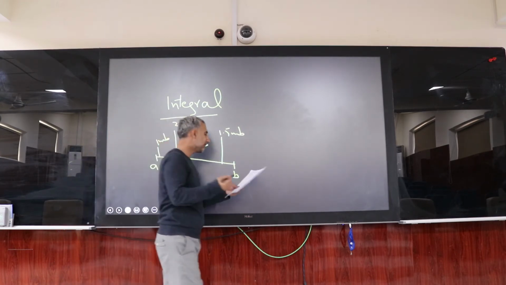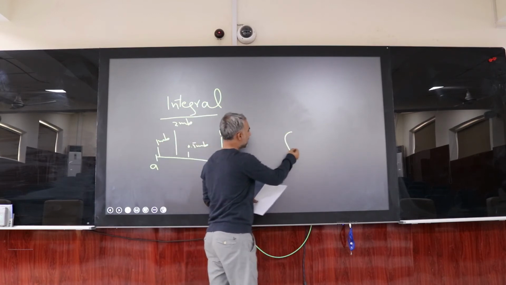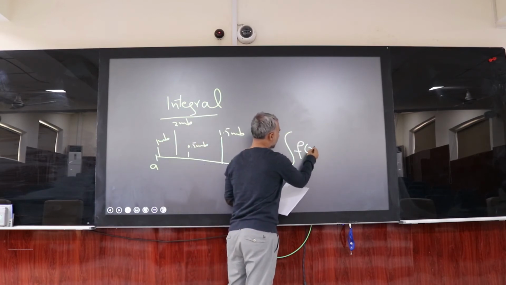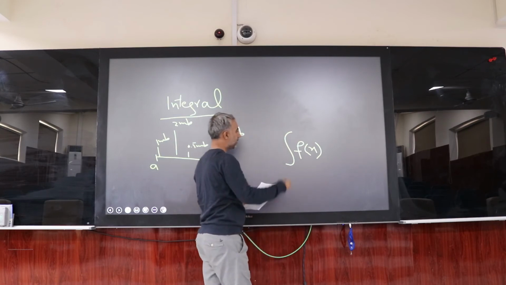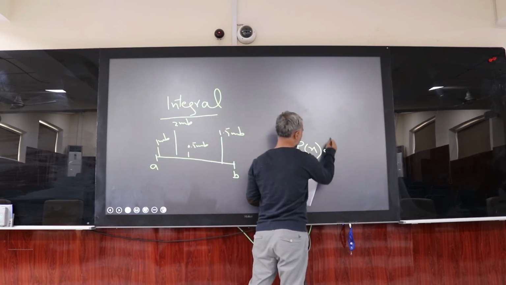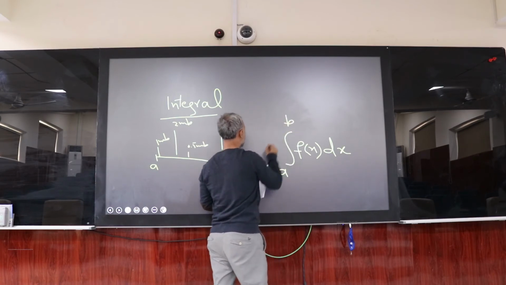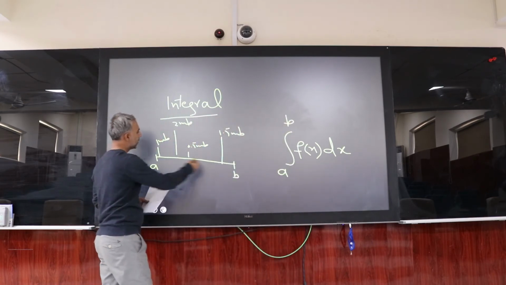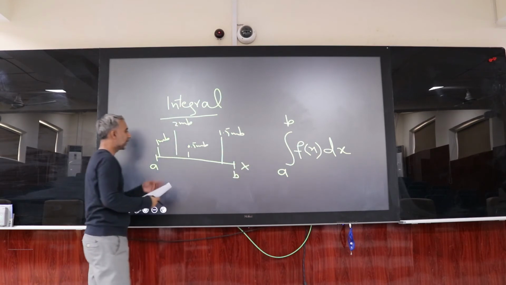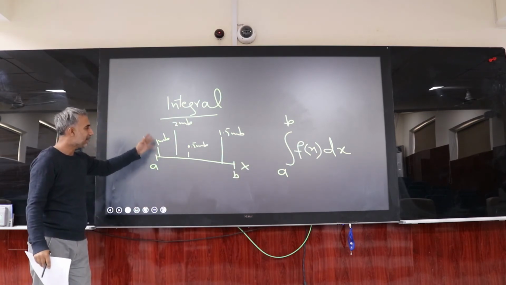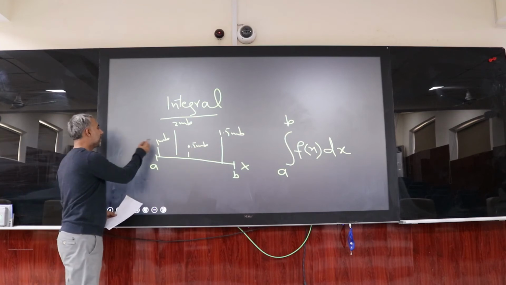Usually in mathematical notation, it is written like this, from some point A to point B. Of course, if it is some signal along the x-axis, f of x is the height.